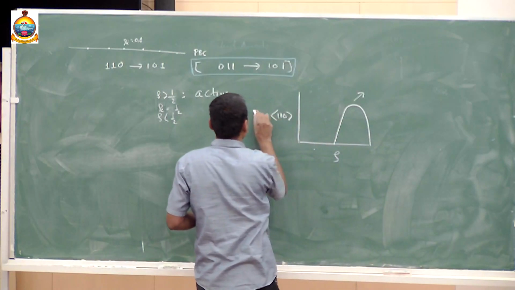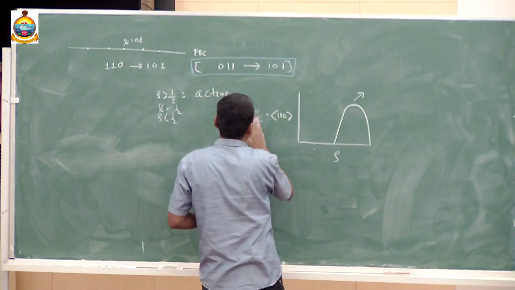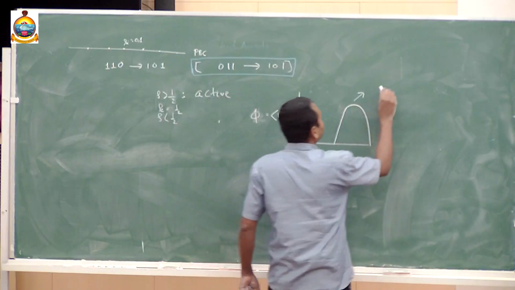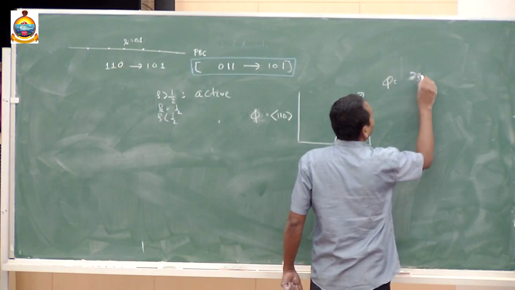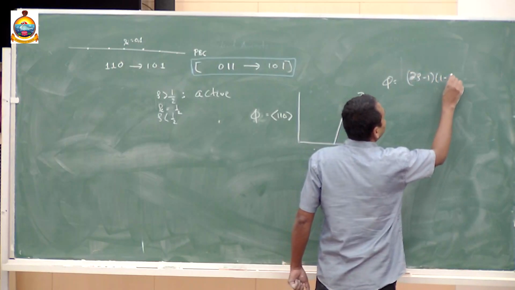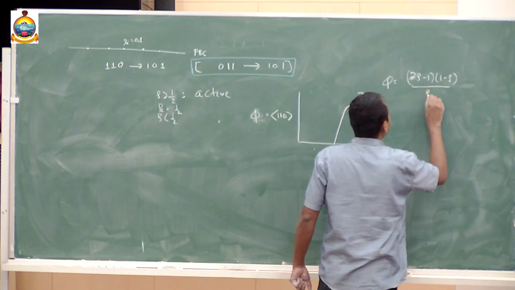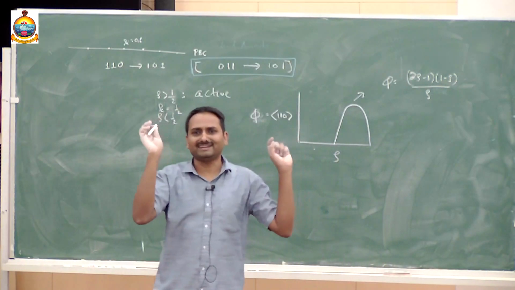This I call the activity order parameter, let us call it phi. So phi equals 2 rho minus 1 times 1 minus rho divided by rho. How I write it, I do not know.